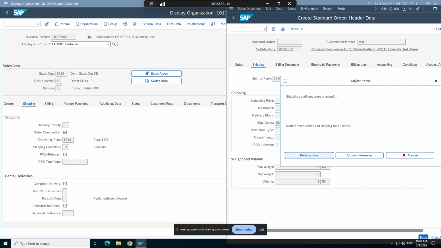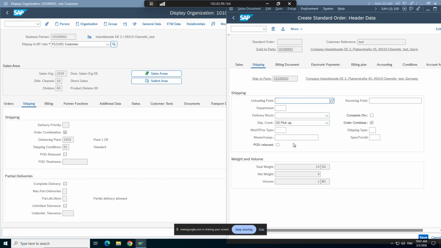It is asking that you have changed the shipping condition, so there will be some shipping related changes in the document, so I want to redetermine everything. Okay, fine. You see, it has allowed me to change to 02 as well. Same for a checkbox also. Even if the checkbox is there in the customer master, I can remove it in the sales order. So what system is doing? System is proposing all the values which are there in the customer master, but I have the flexibility to change all those data. Okay.